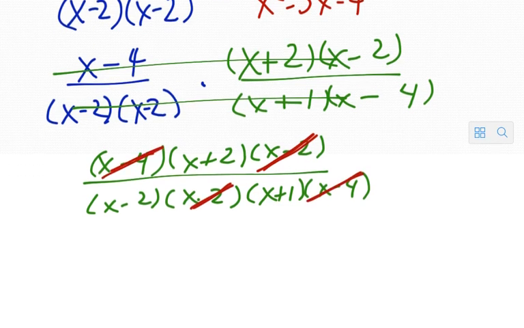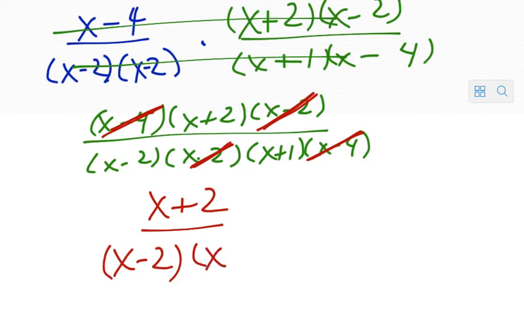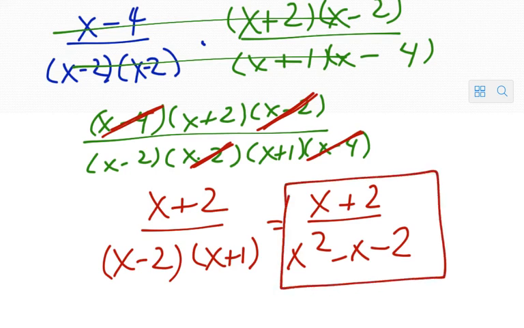There's nothing else. And so I'm left with x plus 2 over x minus 2 times x plus 1. So here again, you can leave it like that, but usually it's probably a better idea. It looks neater if you put it all together. So when you multiply it all out using your FOIL method, you will get this polynomial, this rational expression.